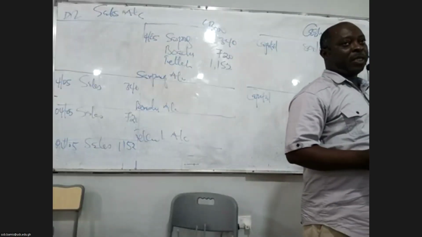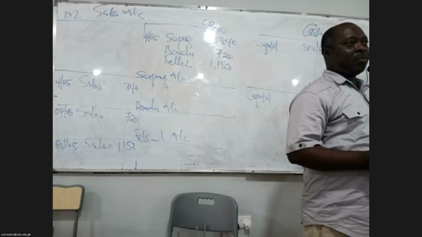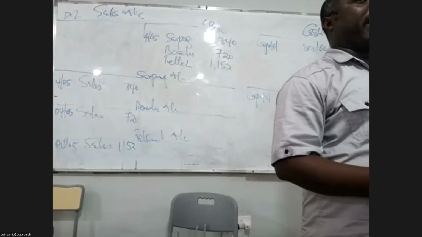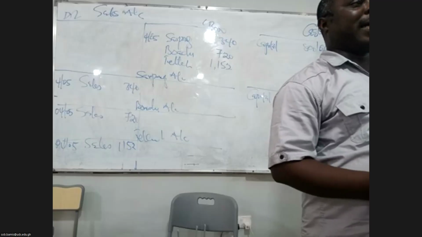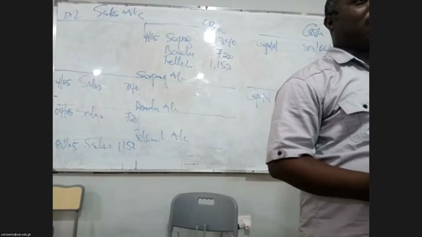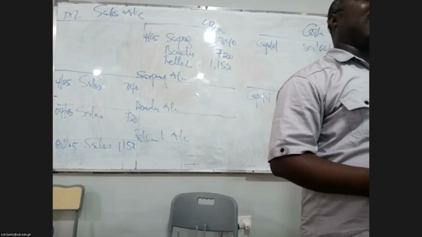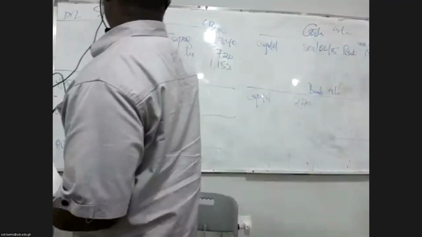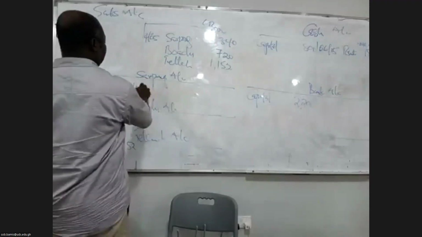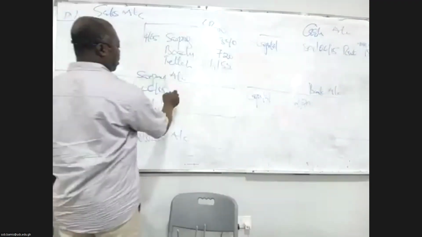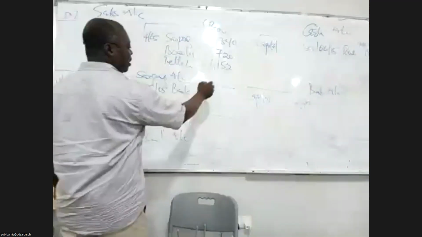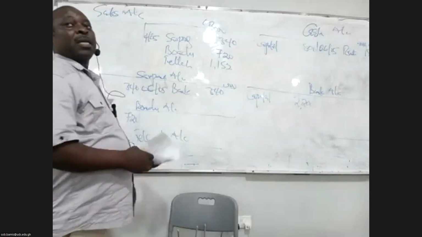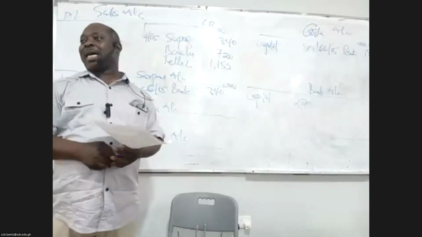How much? 340. What do we debit and what do we credit in this case? Debit bank, and credit Sapon. Is Sapon a creditor? Sapon is a debtor. So this is Sapon's account. We say bank. How much is it? 340. Sapon has cleared his account.